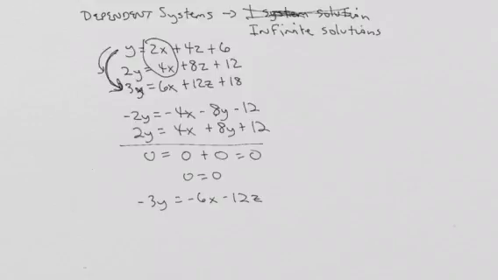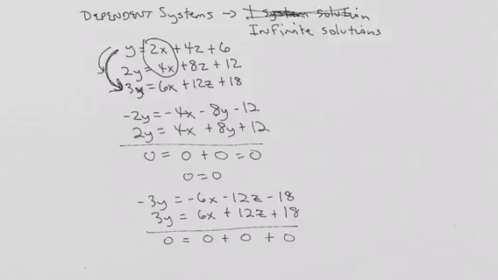They can make it less apparent by not lining things up the same way I line things up here. So I multiplied the first equation by -3, and I left the third equation the same. In both cases, I got 0 equals 0. Well, that's always true, and that says that the equations are basically the same, and I get an infinite number of solutions.